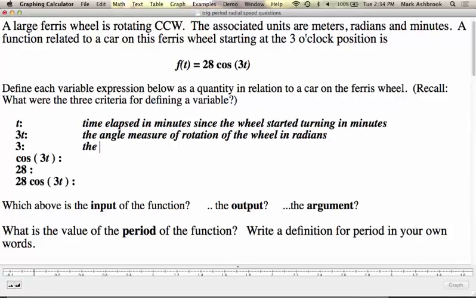Right, so it's the radial speed of the wheel, in radians per minute. If t is minutes and 3t is radians, then 3 has to be radians per minute to make that work.